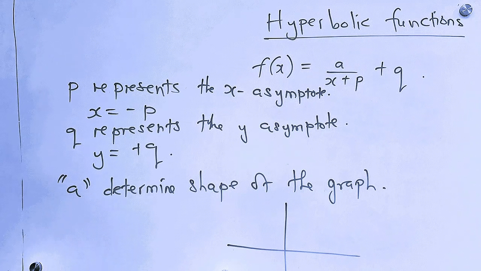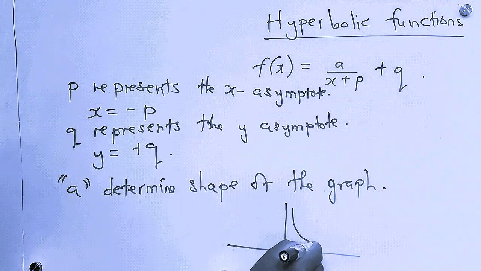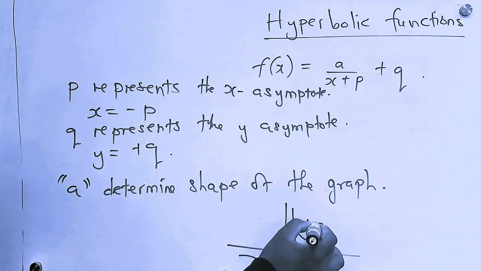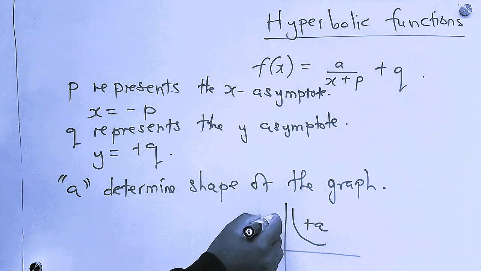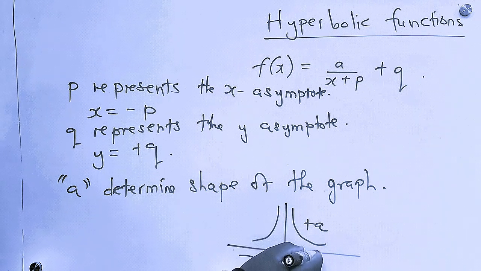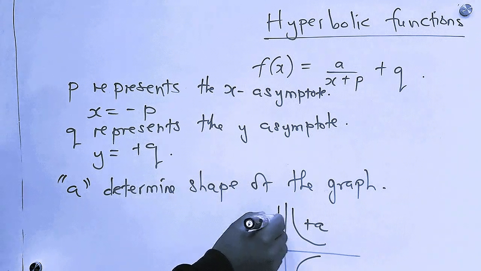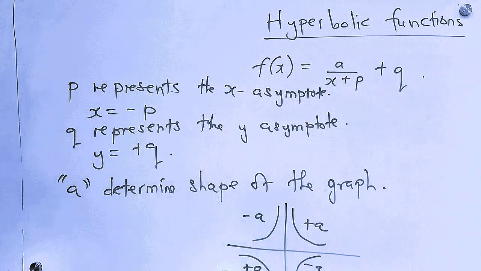For positive a, our graph will be taking the first and third quadrants. For negative a, it takes quadrant 2 and quadrant 4.